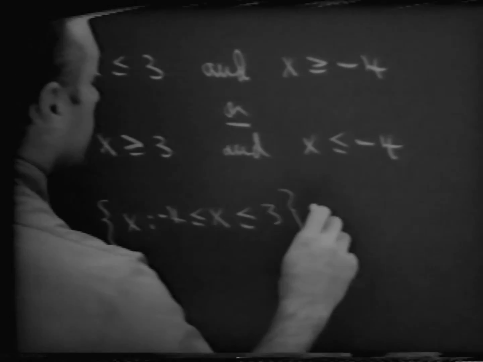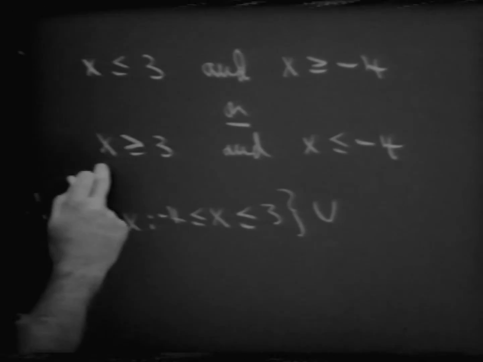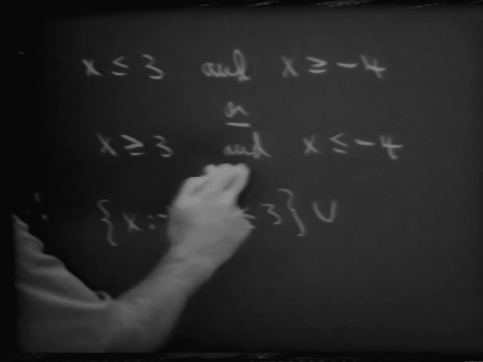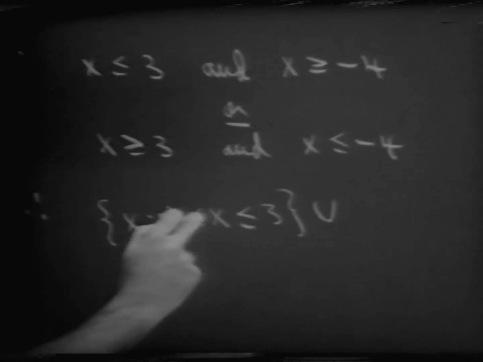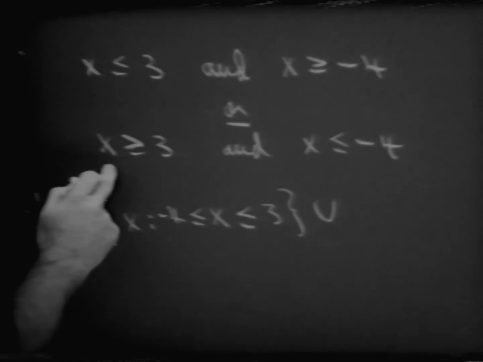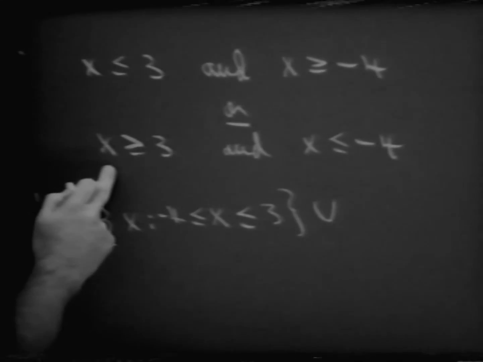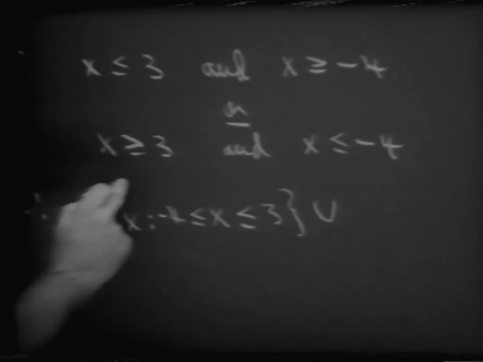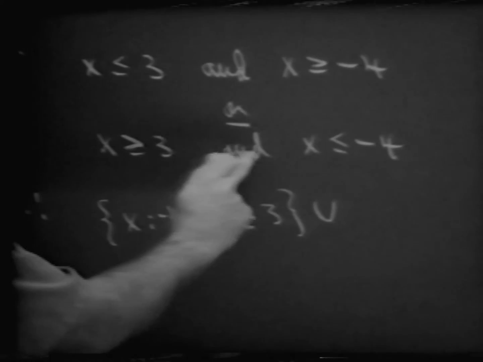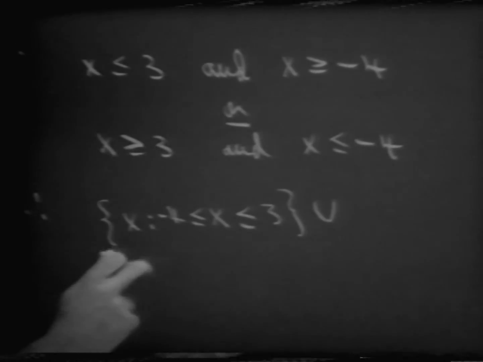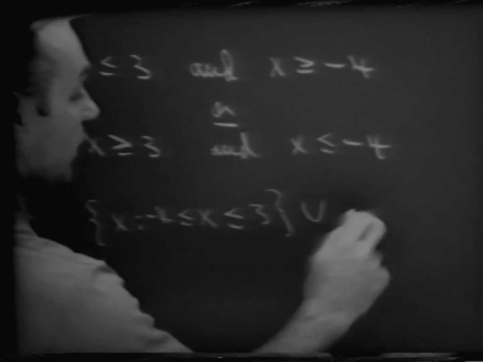And then we are interested in the union, and now let's look at x is greater than or equal to 3, and x is less than or equal to negative 4. What numbers will make that sentence true? What may we say about that? Is there any number that you can think of which is greater than or equal to 3, and at the same time less than or equal to negative 4? What's your conclusion? Union what?